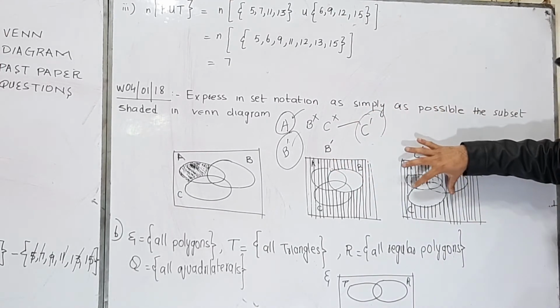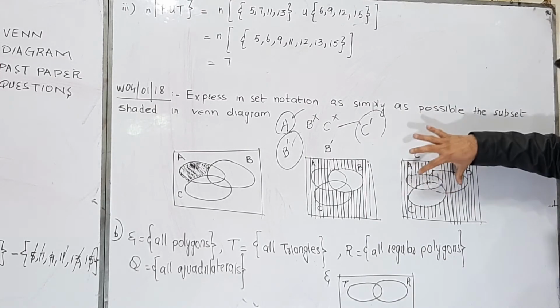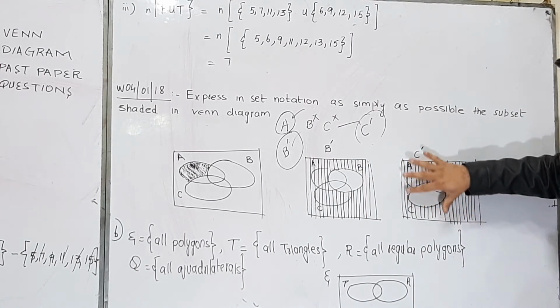C complement means don't shade C, shade all the region outside C.